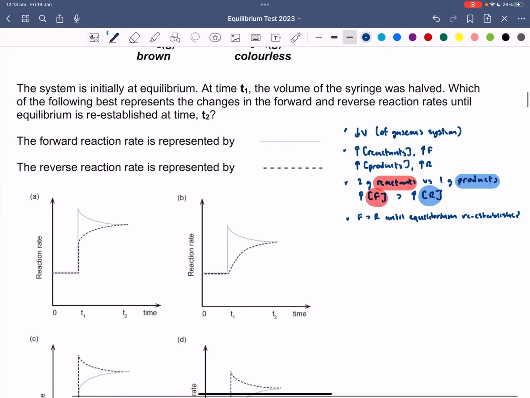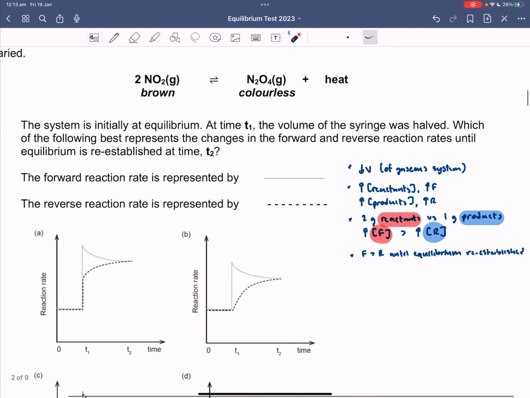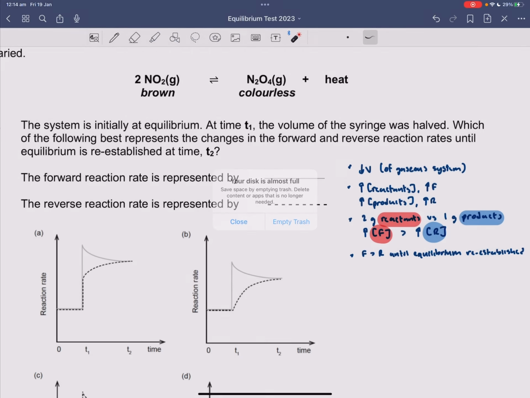In this case, it says the forward reaction is represented by the solid line and the reverse reaction by the dotted line. So first thing first, when you decrease the volume of a gaseous system and there are gases on both sides, both forward and reverse reaction rates immediately spike.